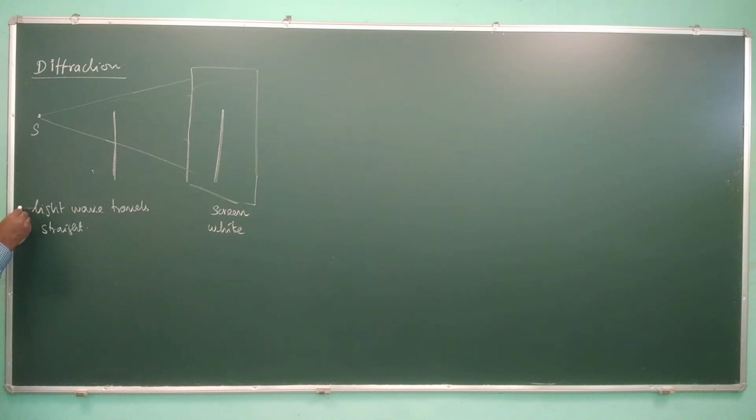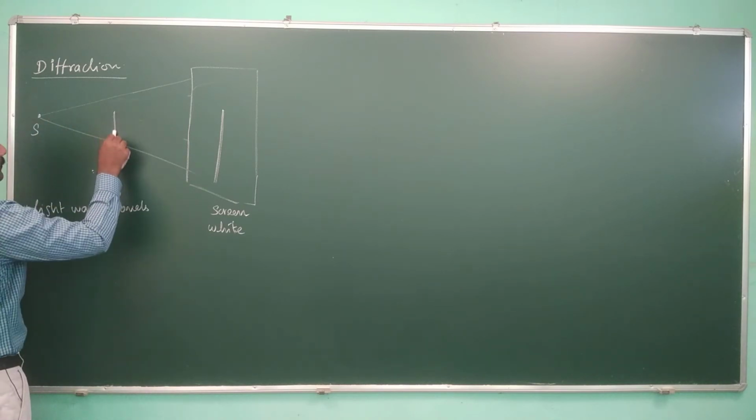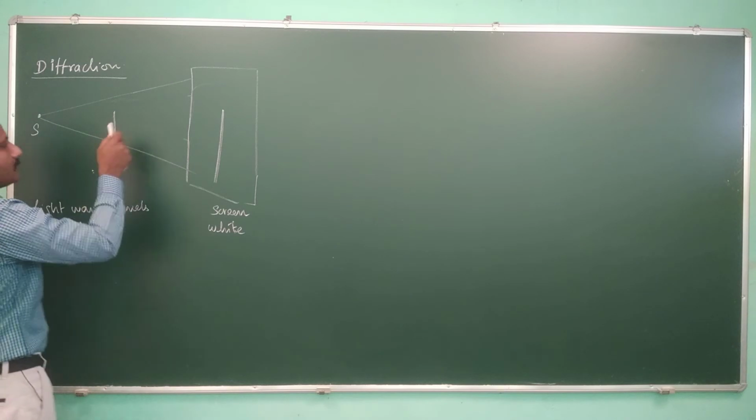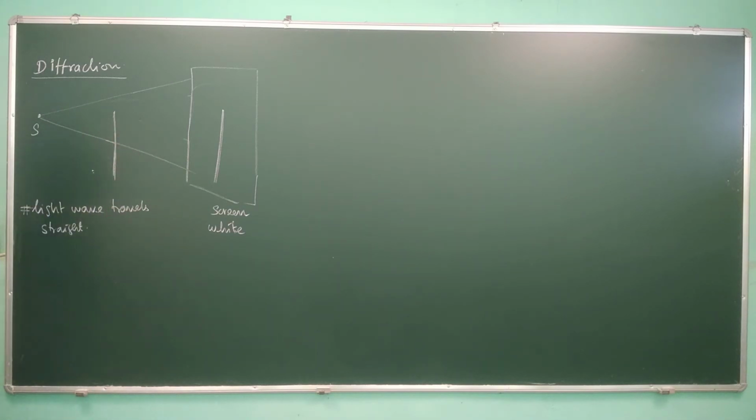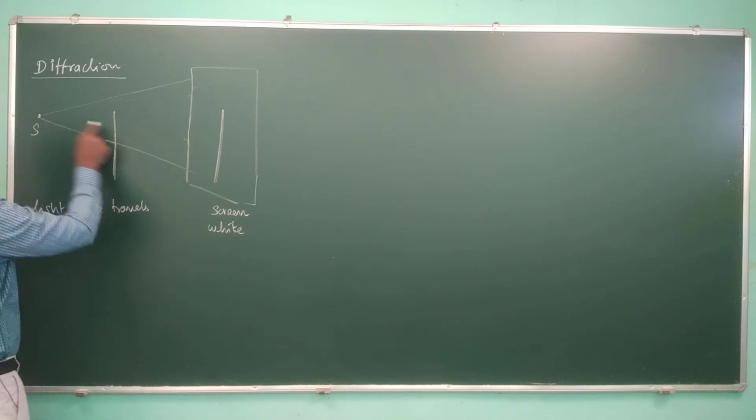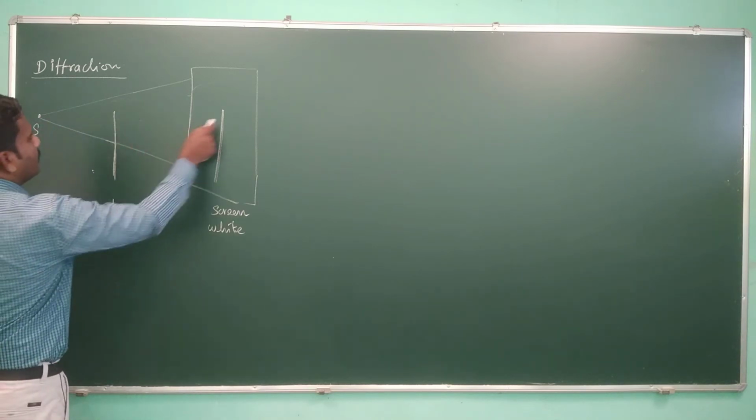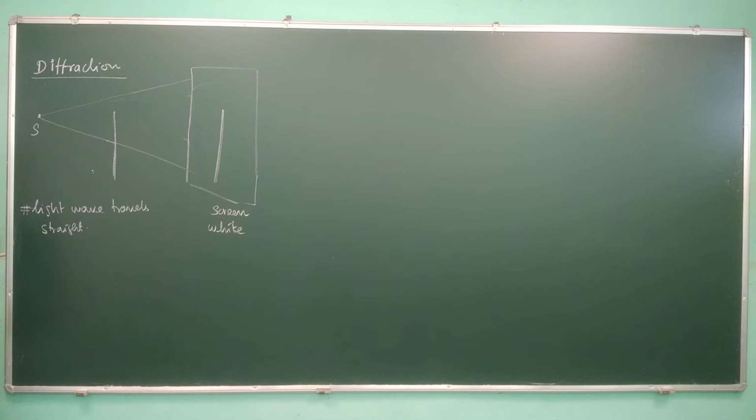What does it mean? It means that light bends at the boundaries of the stick. It travels straight, and at the edges it bends, and again it travels to hit the screen.